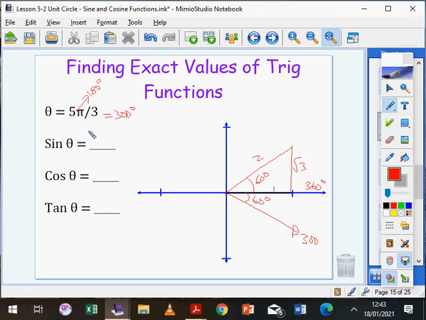The tan is root 3 out of 1. But ask yourself, are sine, cosine, and tan positive in this quadrant? All students take coffee. It's only cosine that's positive. The rest are negative. This is positive. Yeah, that's positive.